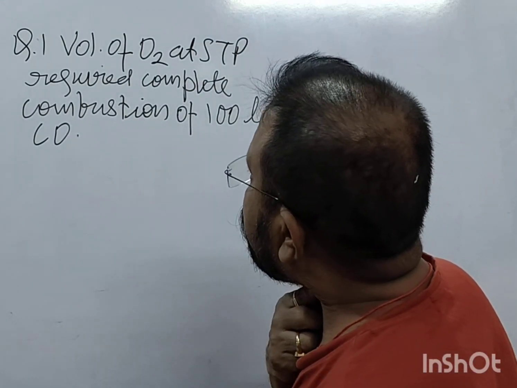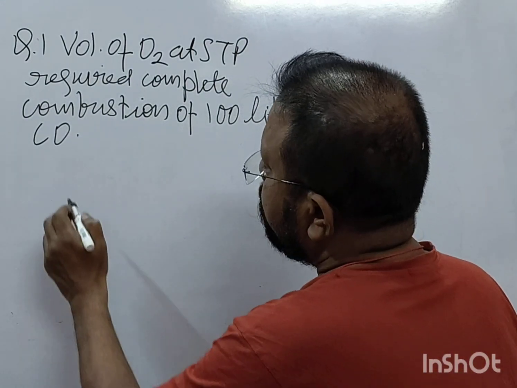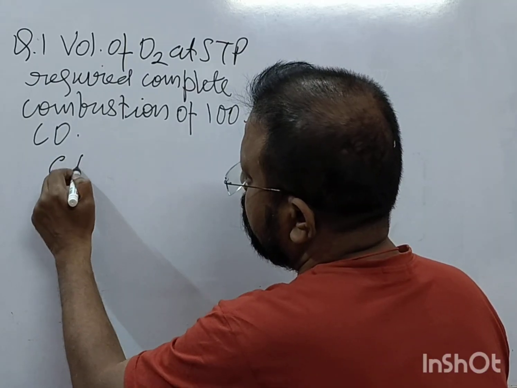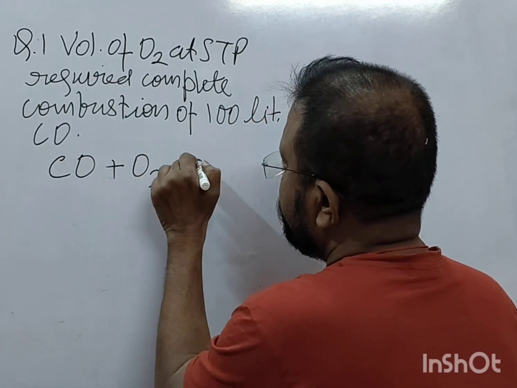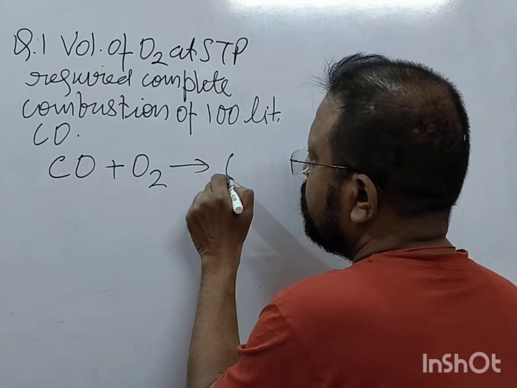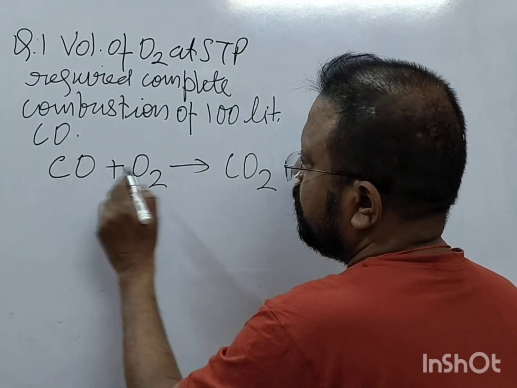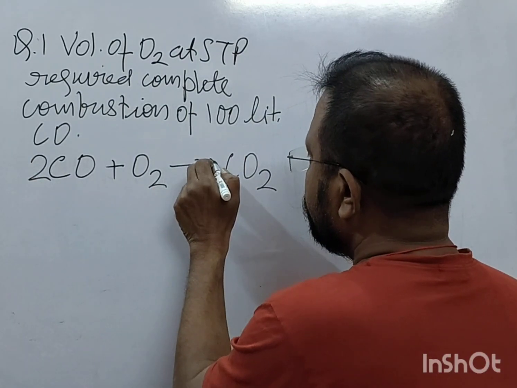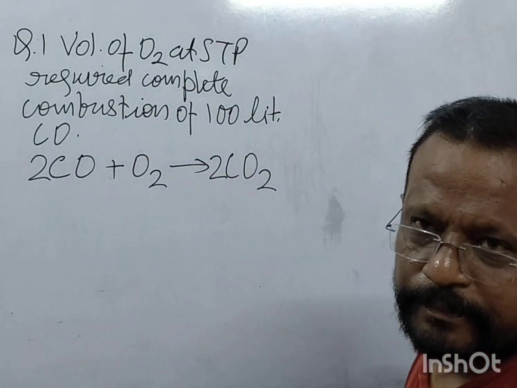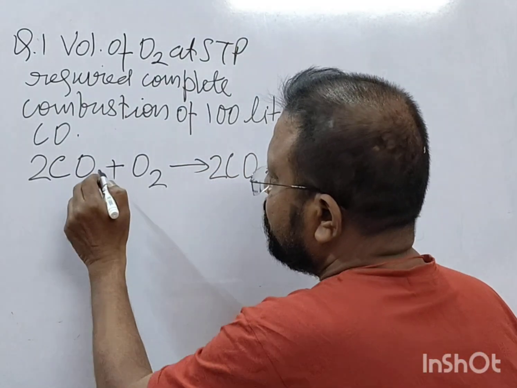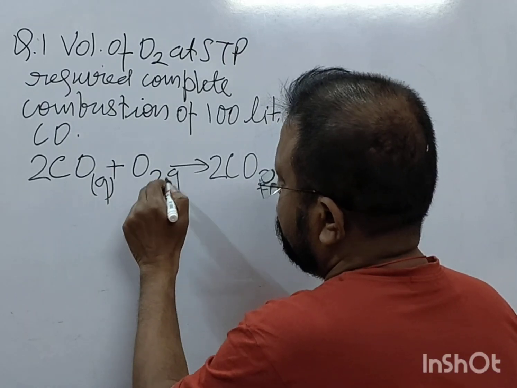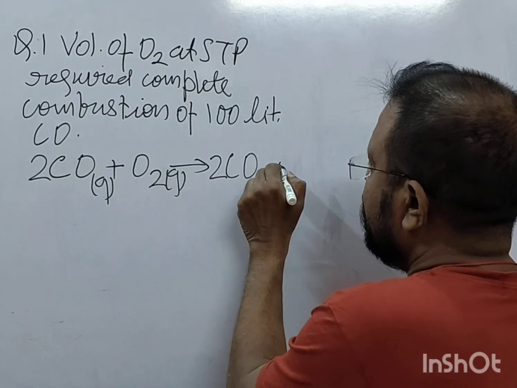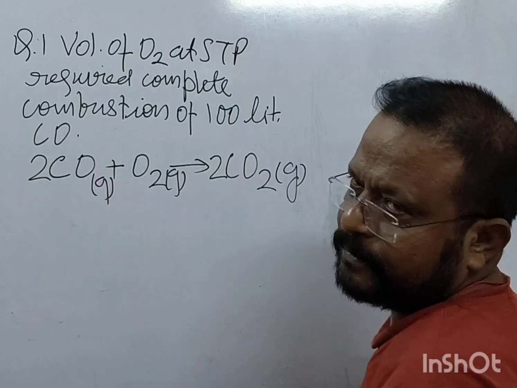Volume of oxygen for complete combustion means CO plus O2 is giving you CO2. If you write 2 here, it is 2. This is a gas at the same temperature and pressure, and this is also a gas.